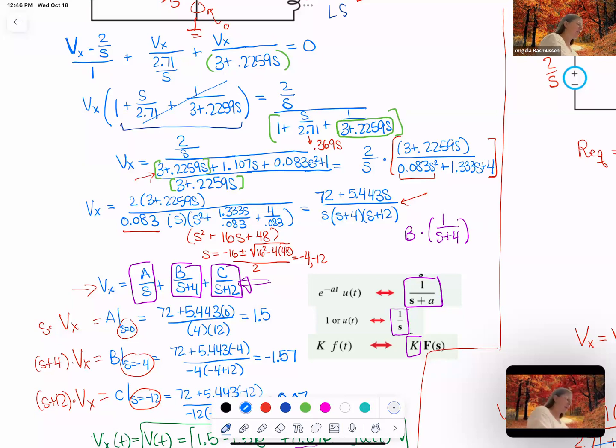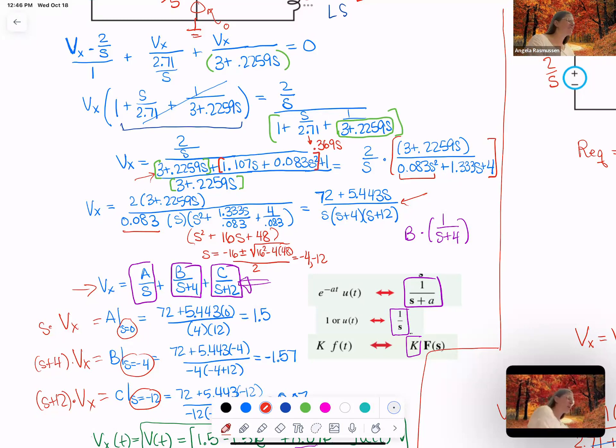And then this portion is the 0.369 S divided by that. Do it this way.